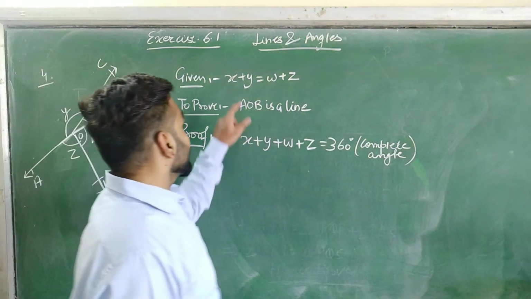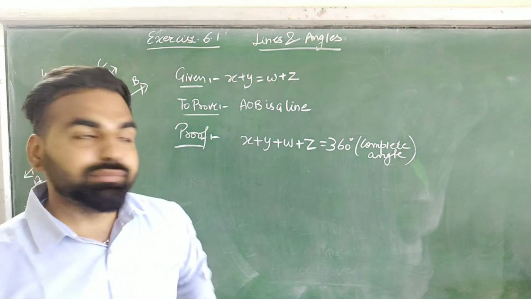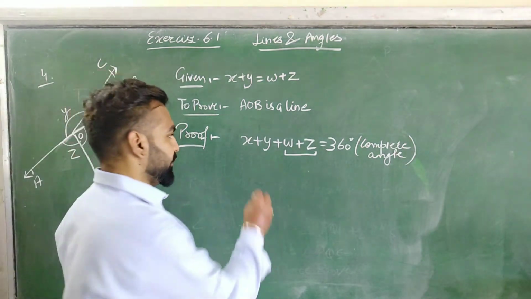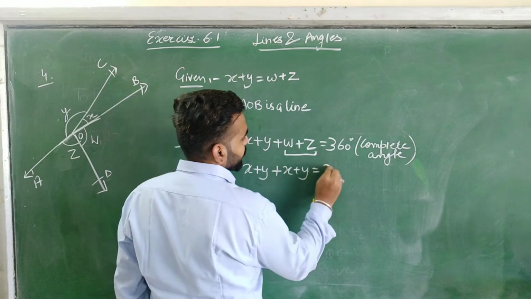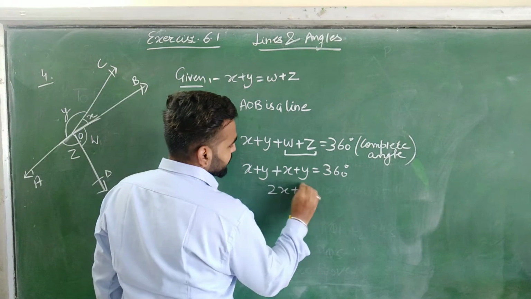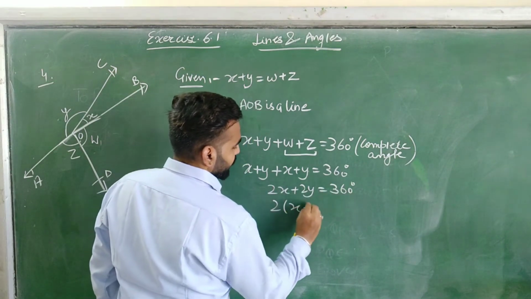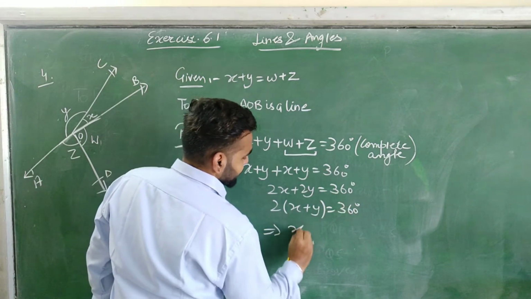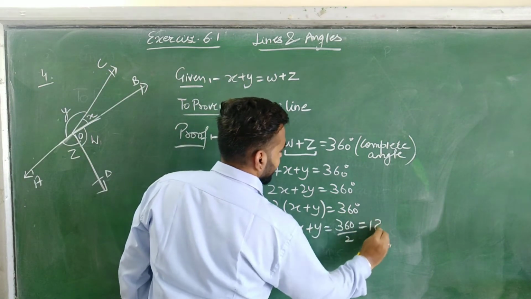Now in the given question it is given that X plus Y is equal to W plus Z. That means we can replace this W plus Z by X plus Y. So X plus Y plus X plus Y is equal to 360. From here we can see that this is 2X plus 2Y is equal to 360 degrees. 2 will be taken out common. From here X plus Y is equal to 360 by 2, that is 180 degrees.